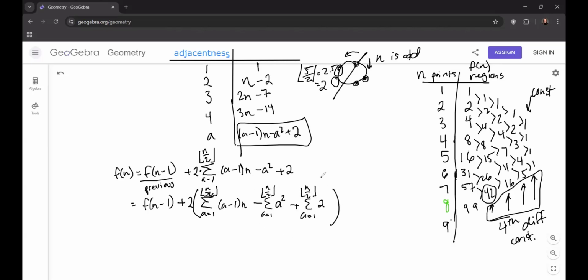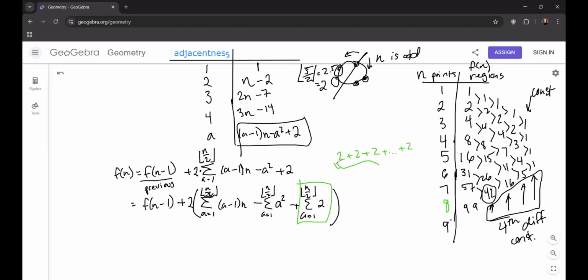Okay, so I'm going to start with this one here on the end. So let's see what's going on there. So when we're adding up a bunch of 2's, that's all we're doing. We're adding up 2 plus 2 plus 2.